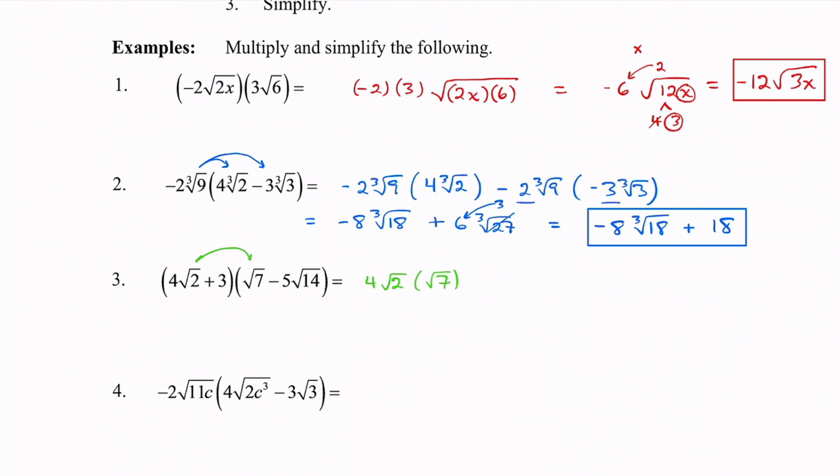Then we're going to have this one, 4 root 2 times a -5 root 14. And then we're going to have these other 2 multiplications, so 3 times the root 7, and then also 3 times -5 root 14.